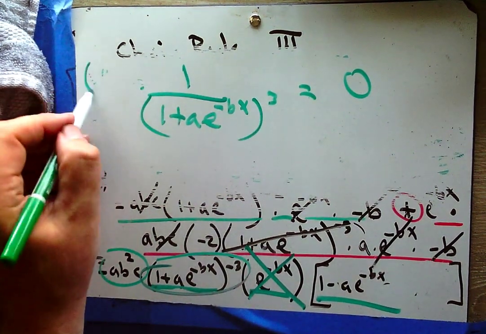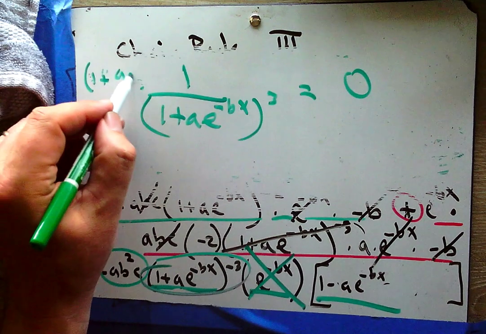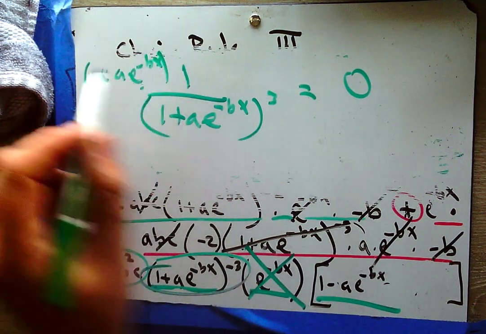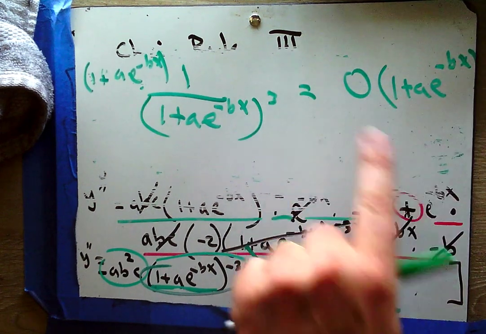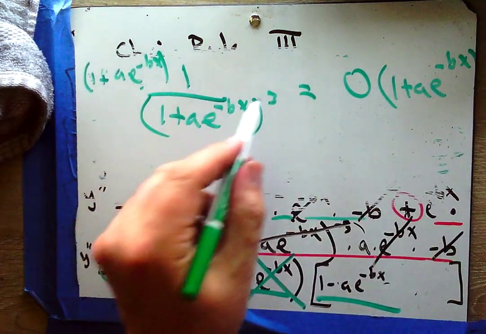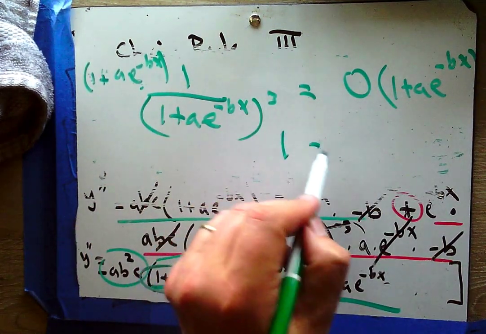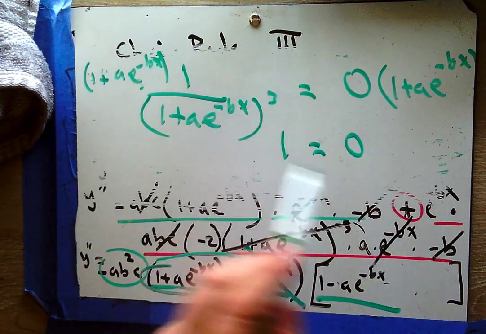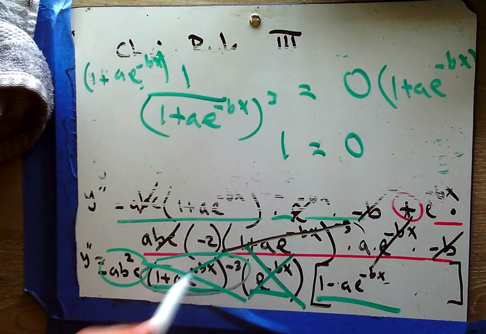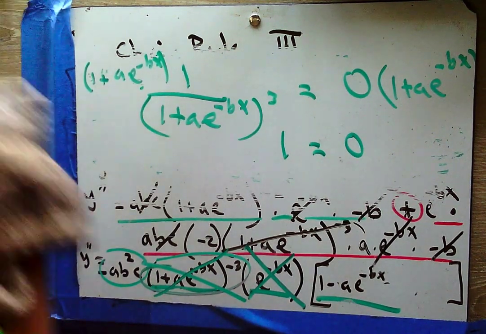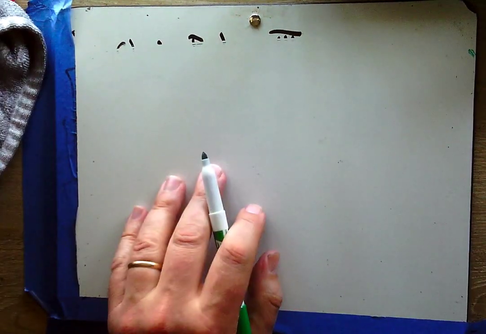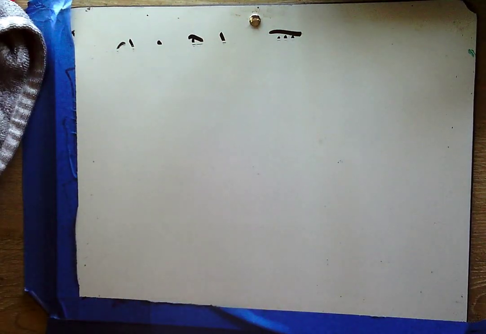Well, the first thing I do is clear out that fraction. 0 times stuff, yeah, sorry, that's 0. So I end up with 1 equals 0, and that's not going to happen, so this doesn't play any role. This is the one that tells me when x is ln of a over b, I have y prime equal to 0, or y double prime equal to 0.